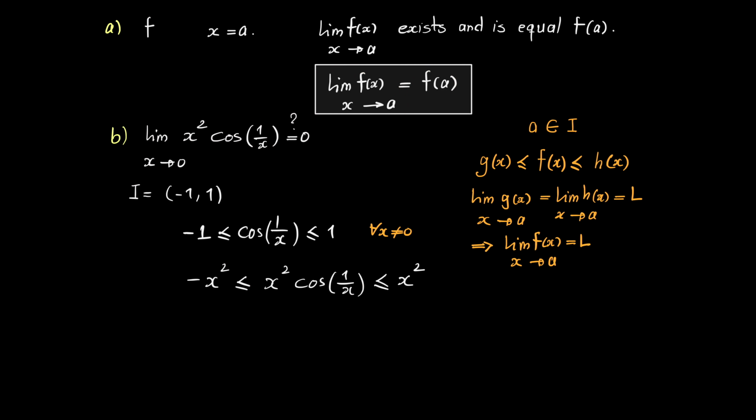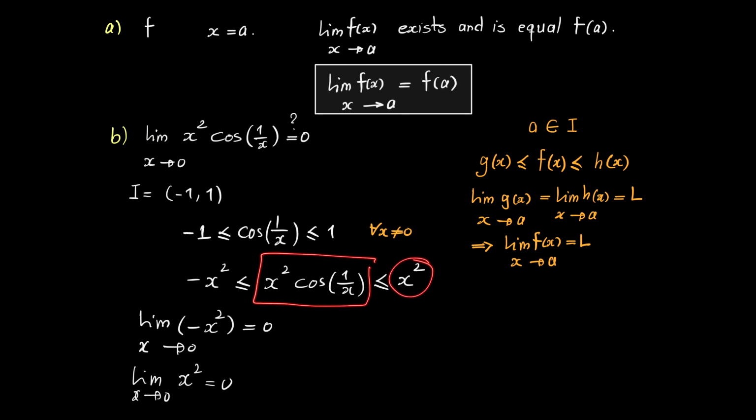Okay, so I calculate the limit of the left hand side function as x goes to 0. You know that this answer is 0. I calculate the limit of the right hand side function, x squared, as x goes to 0, and again the answer is 0. So this function is squeezed between these two functions.